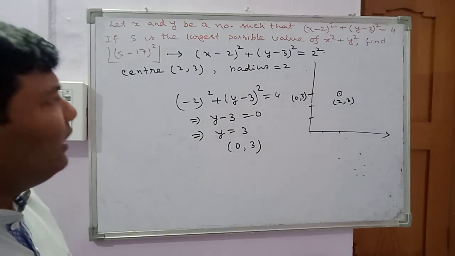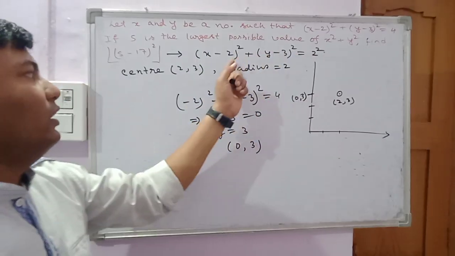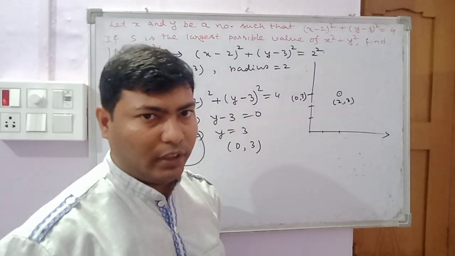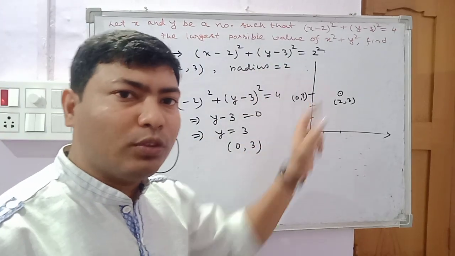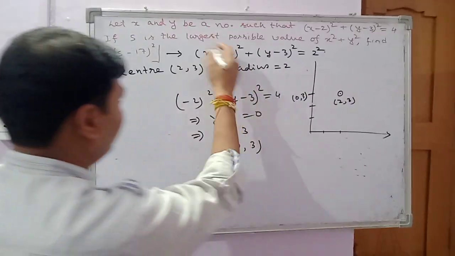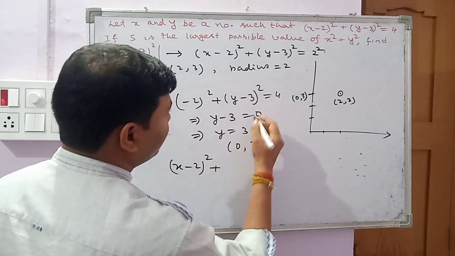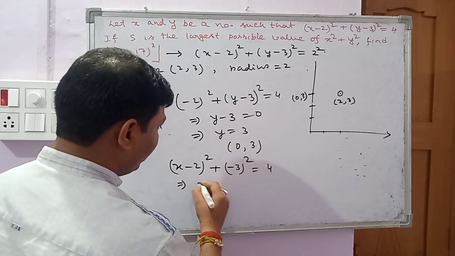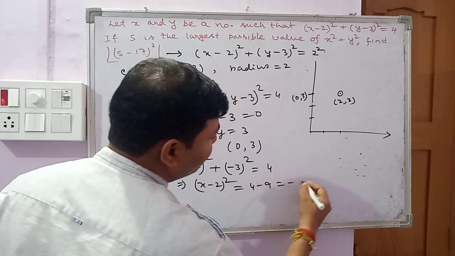Now let us check whether the circle touches the x-axis or not. If the circle touches the x-axis, then the y coordinate must be equal to 0. If we put y equals 0 here, this will be (x minus 2) whole squared plus (minus 3) raised to the power 2 equals 4, which gives (x minus 2) whole squared equals 4 minus 9, equals minus 5.